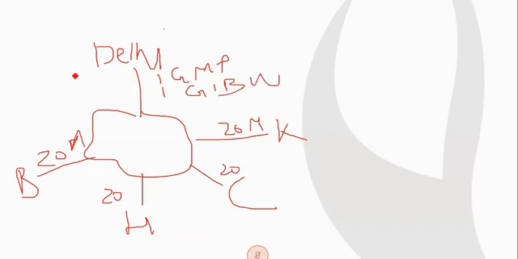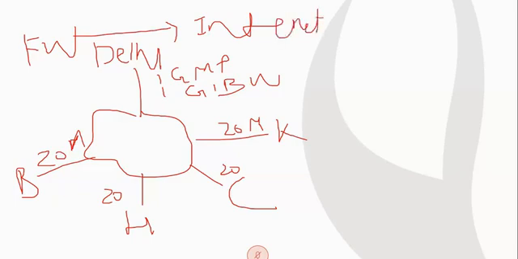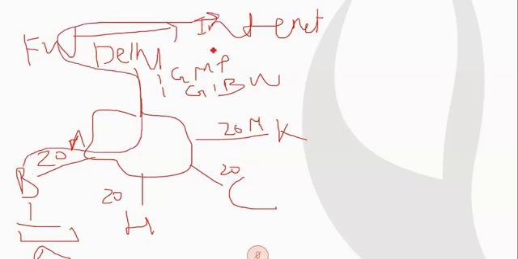Now, because Delhi is the headquarter, it has a firewall here, and after the firewall, the internet is connected. So a person in Bangalore who wants to use the internet will go through the 20 Mbps VPN pipe, find an LSP, go to Delhi, go to the firewall, and access the internet.